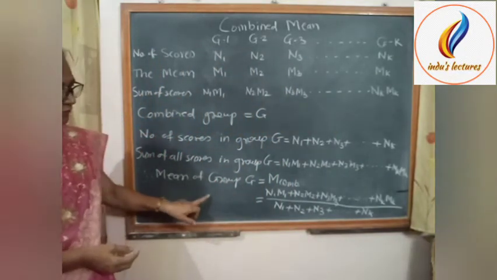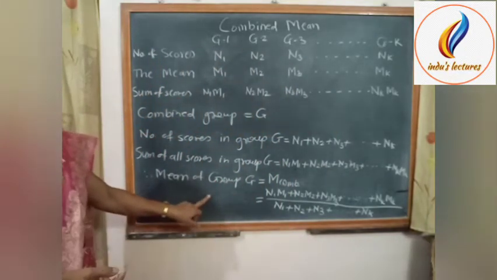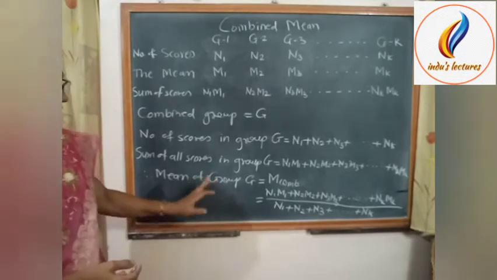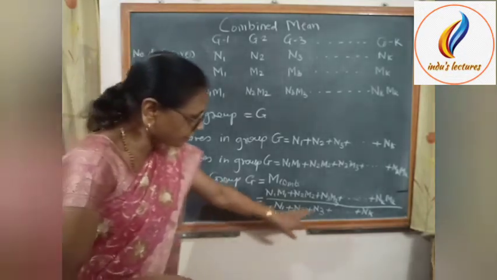That means we can find the combined mean of the groups by using this formula.